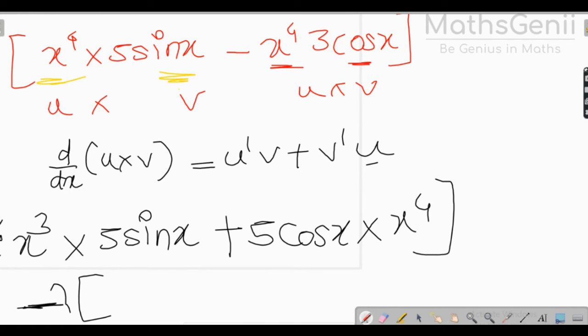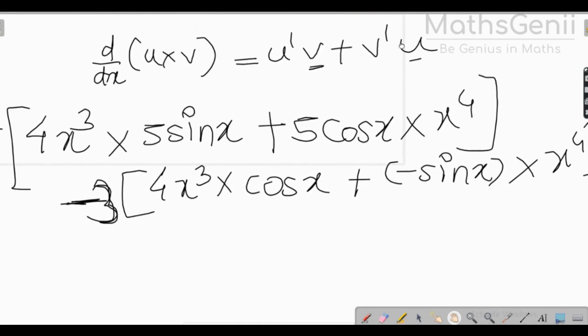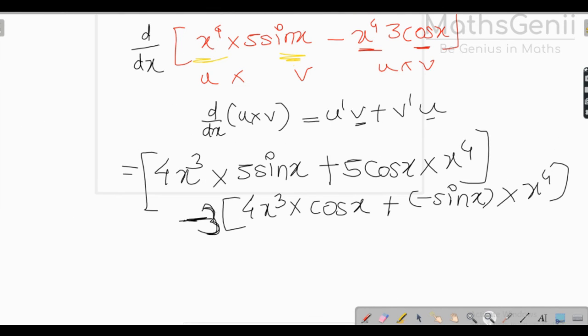Let's take this 3 outside. x raised to 4 is your u. What is the derivative of x raised to 4? 4x cube into v as it is, so cos x as it is, plus v dash. What is the derivative of cos? Cos derivative is minus sine, into u as it is. What was u? x raised to 4. And then you can always simplify further.